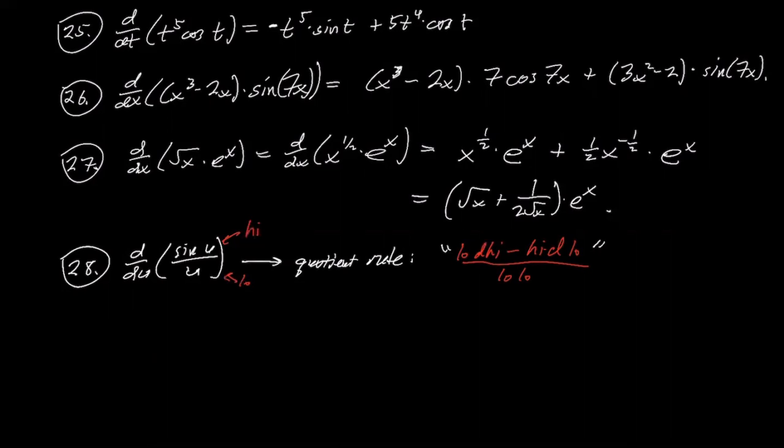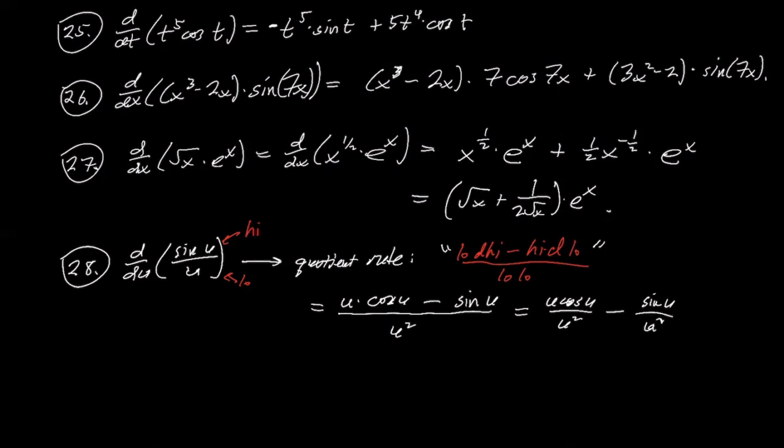But if you do that here, it's basically bottom times the derivative of the top, u times cosine u, minus the top times the derivative of the bottom. So that's just sine u times 1, because the bottom is over u squared. Which, if you like, you could break up as u cosine u over u squared minus sine u over u squared.